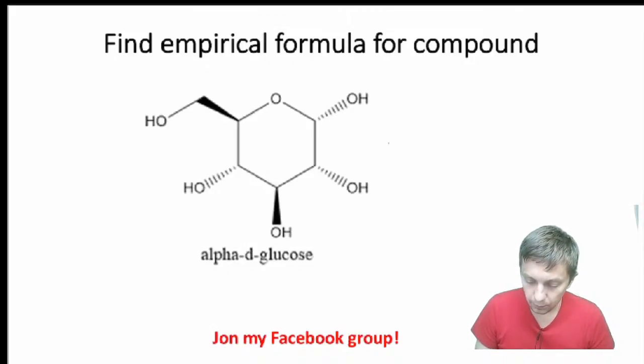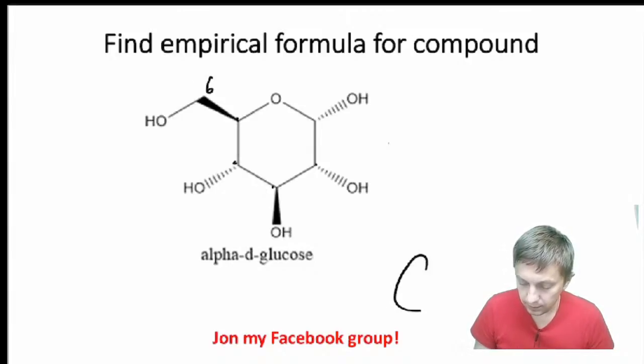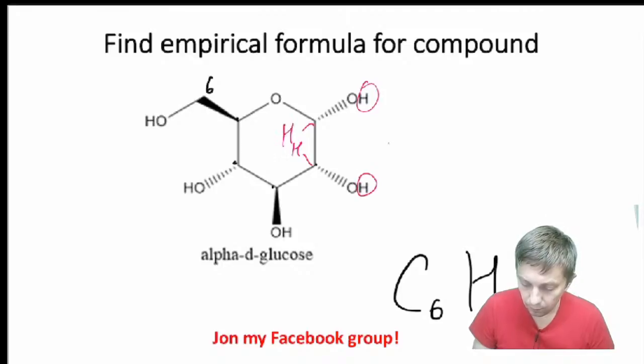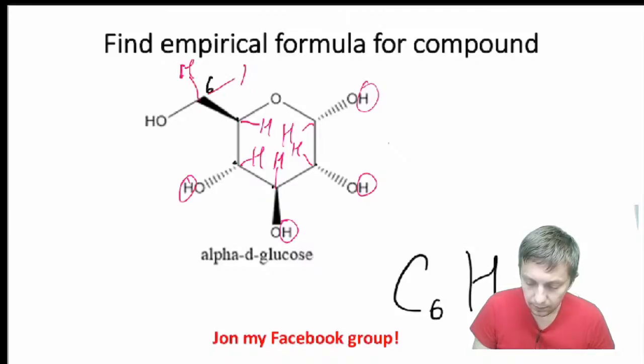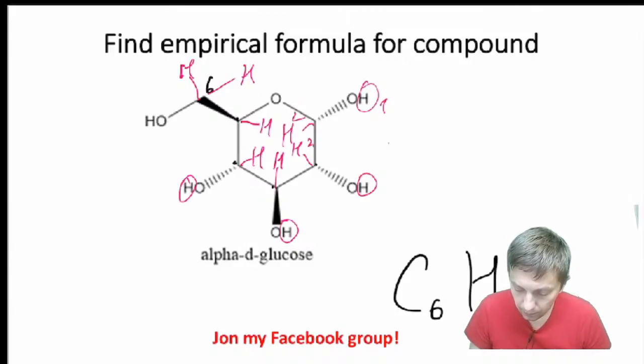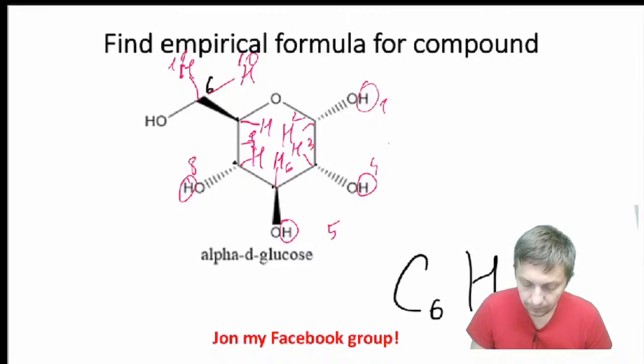The empirical formula of one form of glucose. Carbons: 1, 2, 3, 4, 5, 6, C6. Hydrogens: 1, 2, 3, 4, 5, 6, 7, 8, 9, oh, something wrong. 1, 2, 3, 4, 5, 6, 7, 8, 9, 10, 11, 12, H12.